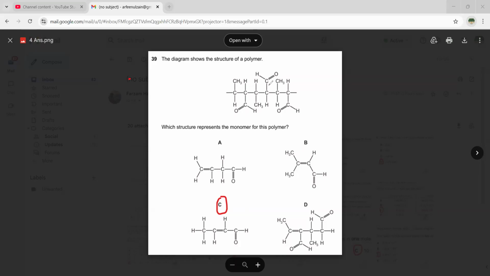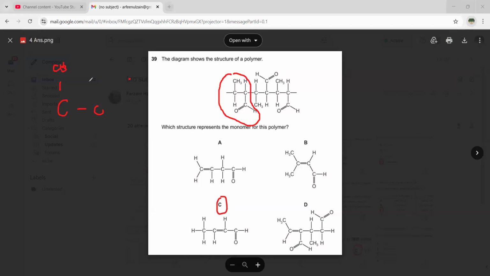First thing, you identify what kind of polymer this is. When you see a carbon-carbon link, like carbon atoms linked with each other, it means this is an addition polymer. So in an addition polymer, how to work out the monomer? You just take the first two carbons, and what is attached to the first two carbons, you take it out. So these are the two carbons.